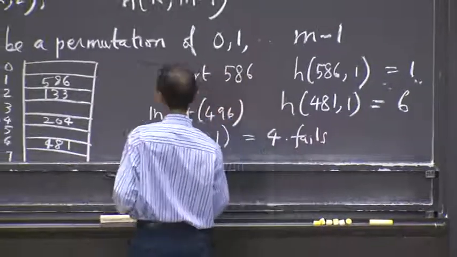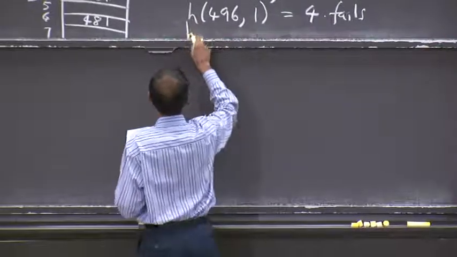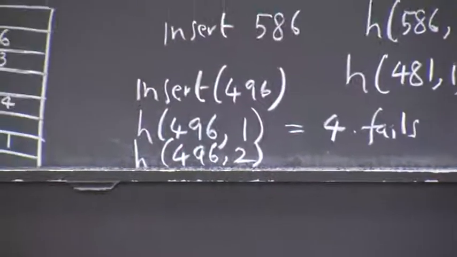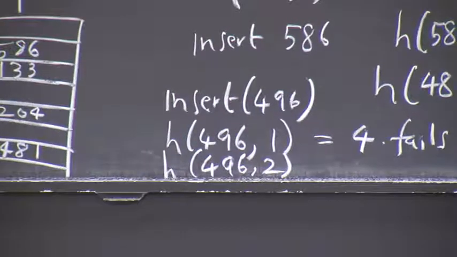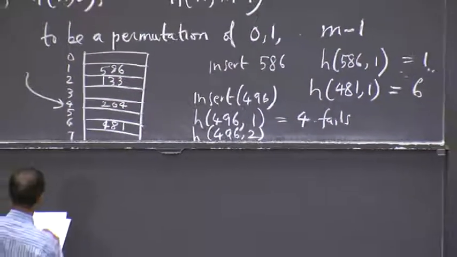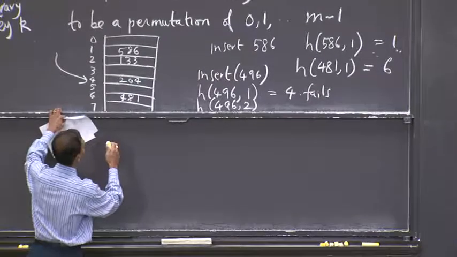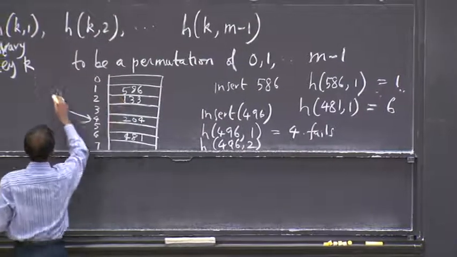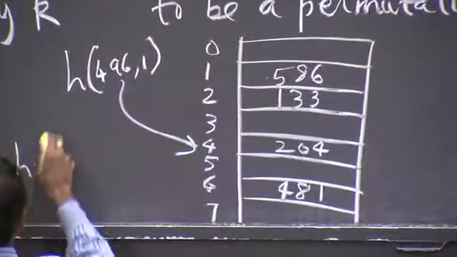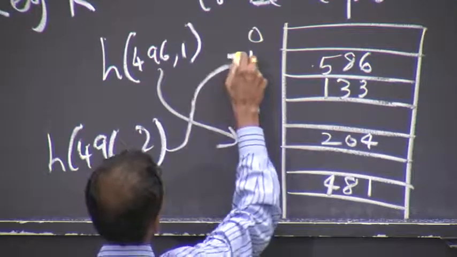So I need to go to h496.2. And h496.2 may also fail. You might be in a situation where h496.2 gives you 586. So this was h496.1, h496.2 might give you 586.